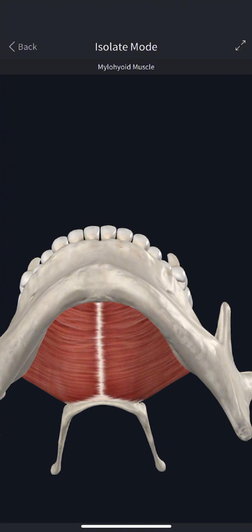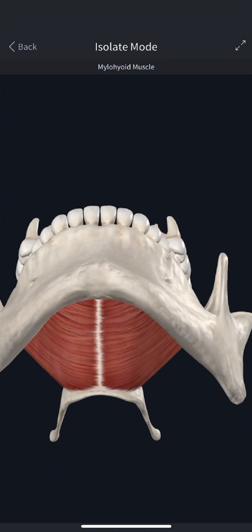Mylohyoid, it originates on the mandible, and hyoid would indicate that it inserts onto the hyoid bone. Once again, this includes a midline where the two muscles meet, indicated by this white line in the middle.